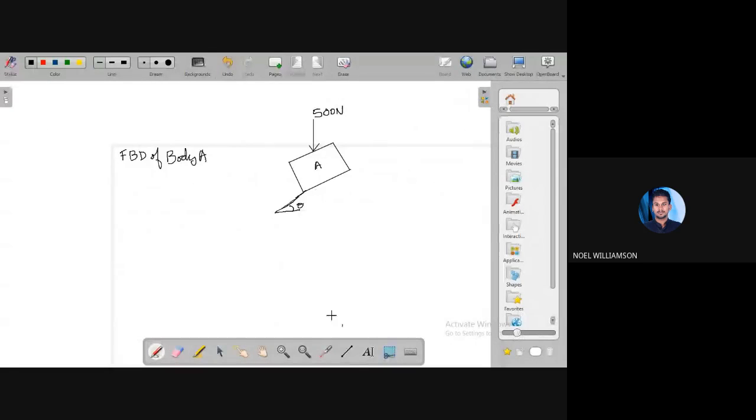It is acting towards the body A. So it will be like this. Let it be N1, or we can denote it as Na, since the body is A.